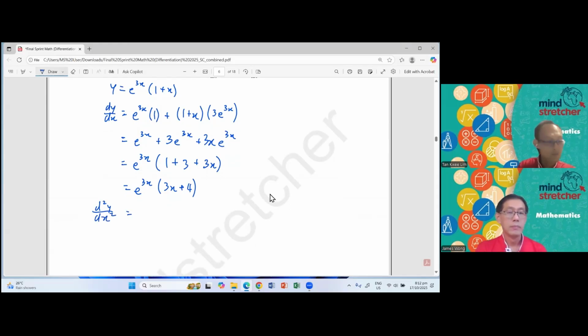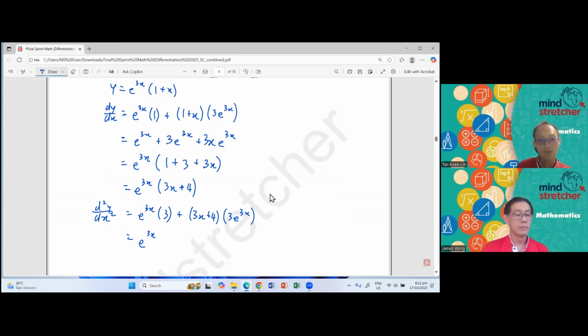This will be e to the power of 3x multiplied by 3, because the derivative of 3x plus 4 is 3, plus (3x plus 4) multiplied by 3 times e to the power of 3x. Same thing, we can factorize out e to the power of 3x first.